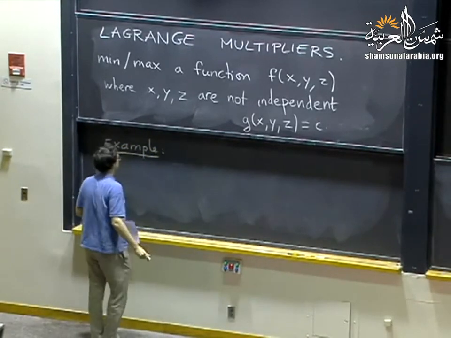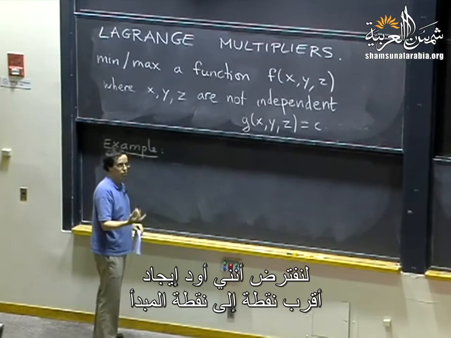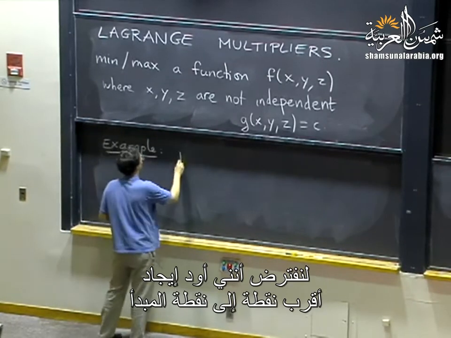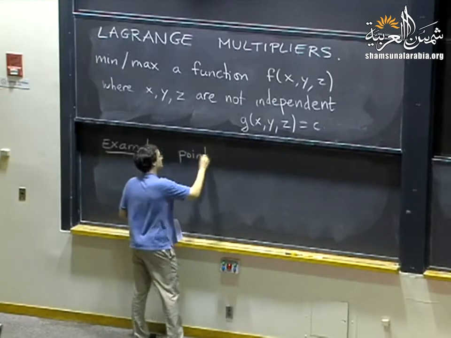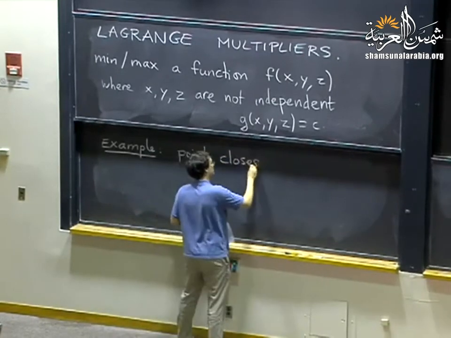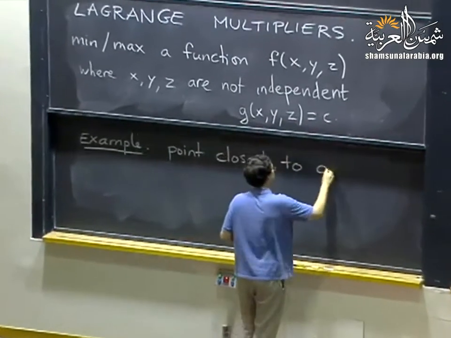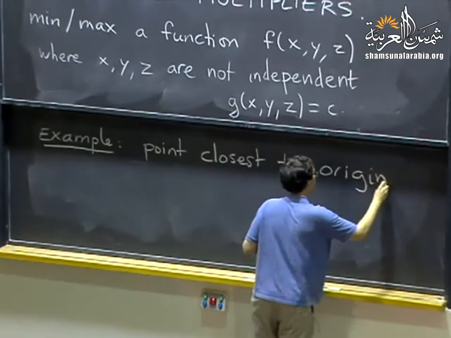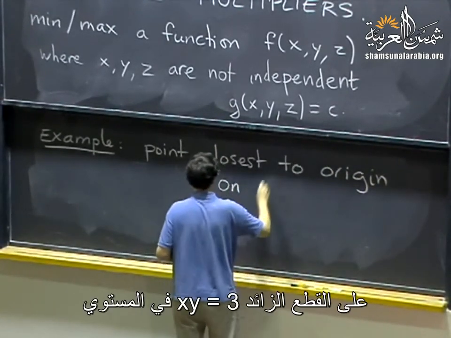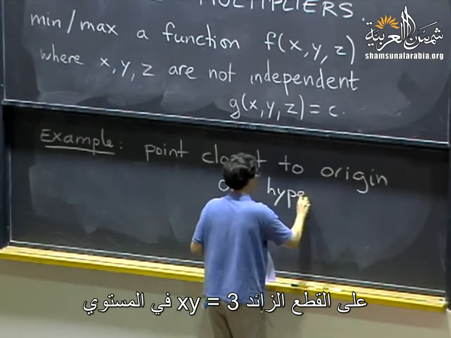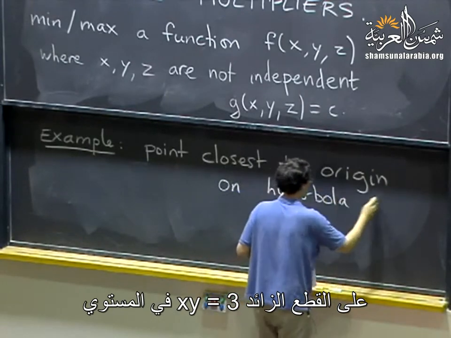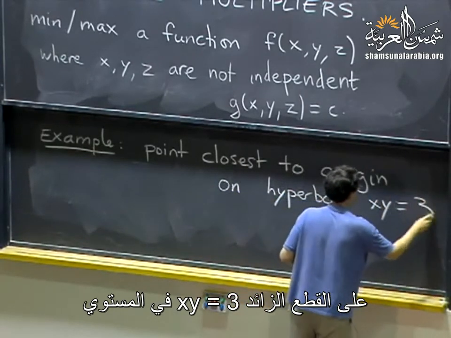Okay, so for example, let's say that I want to find the point closest to the origin on the hyperbola xy equals 3 in the plane.